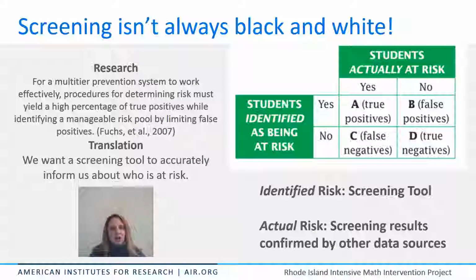Schools that set a cut score too high run the risk of spending resources on students who do not need help, and schools that set a cut score too low run the risk of not providing intervention to students who are at risk and need extra instruction.